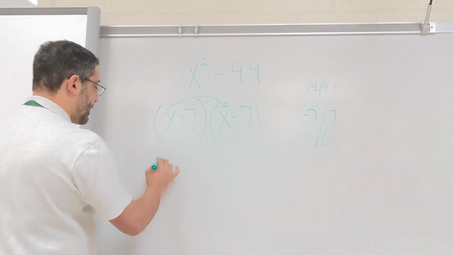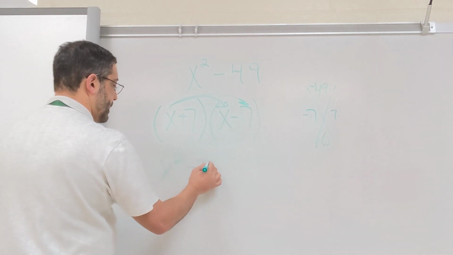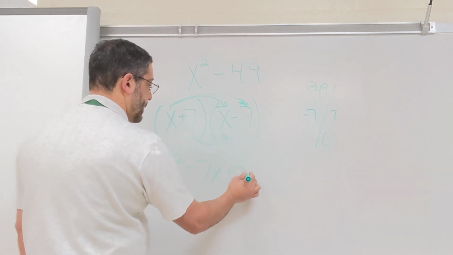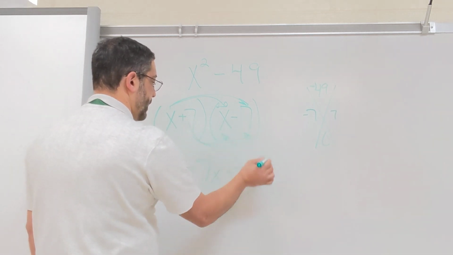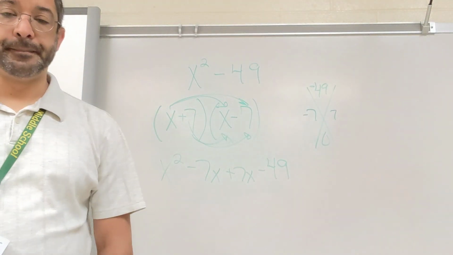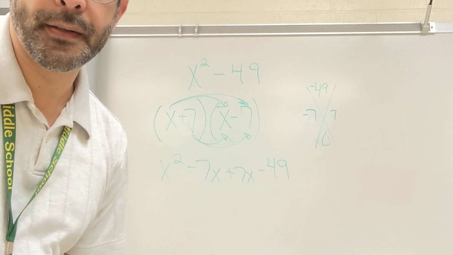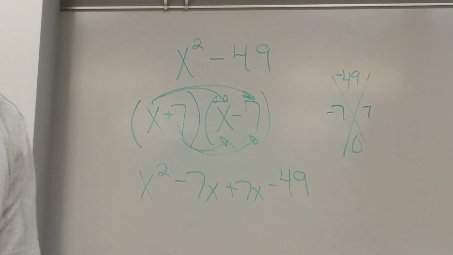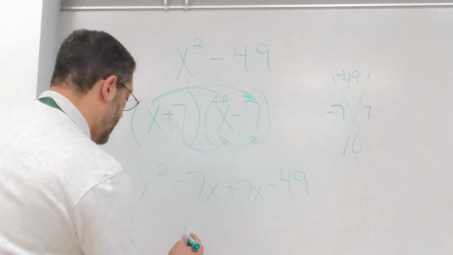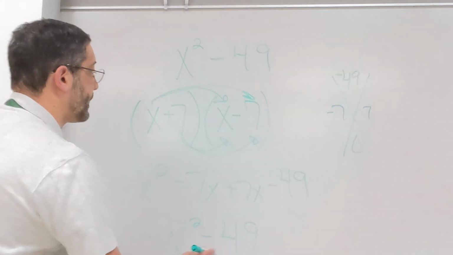So x times x gives me my x squared minus 7x plus 7x minus 49. Okay? So, negative 7x plus 7x gives me 0. So I have x squared minus 49.